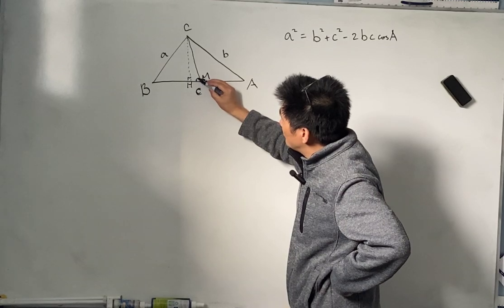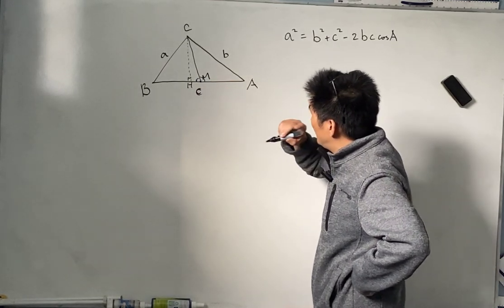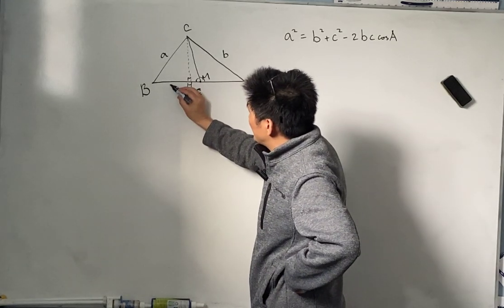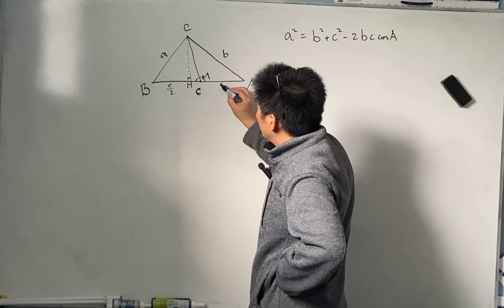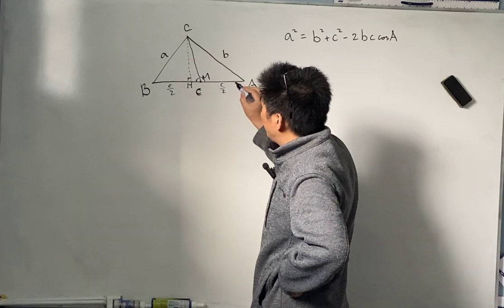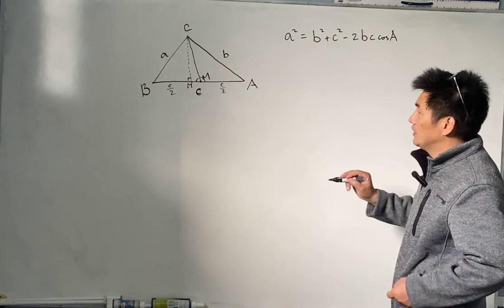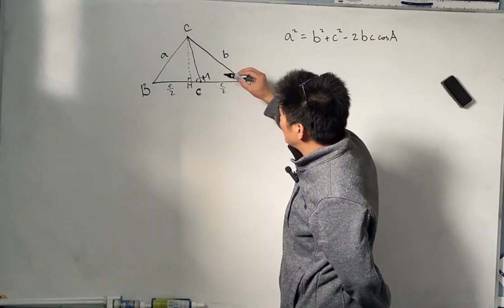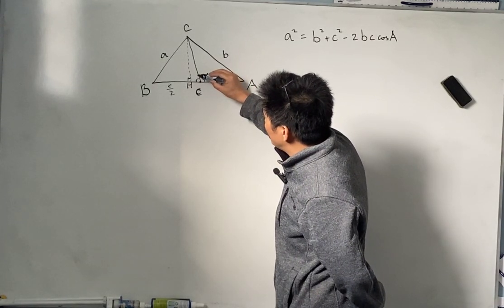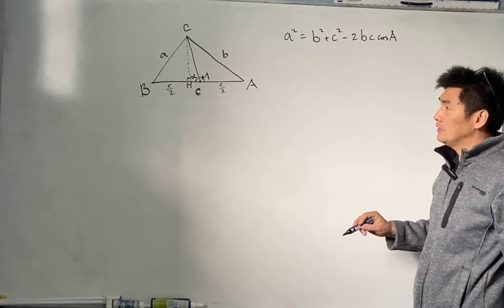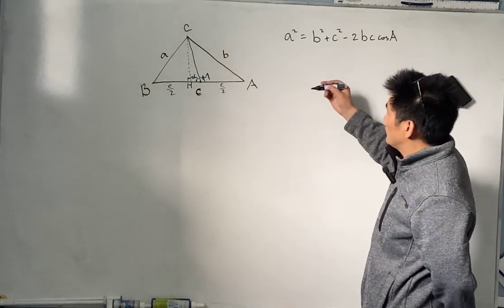So here's an angle. This is C over 2, this is C over 2, because that's half of C, because that's the midpoint. Let me say this angle is angle alpha.